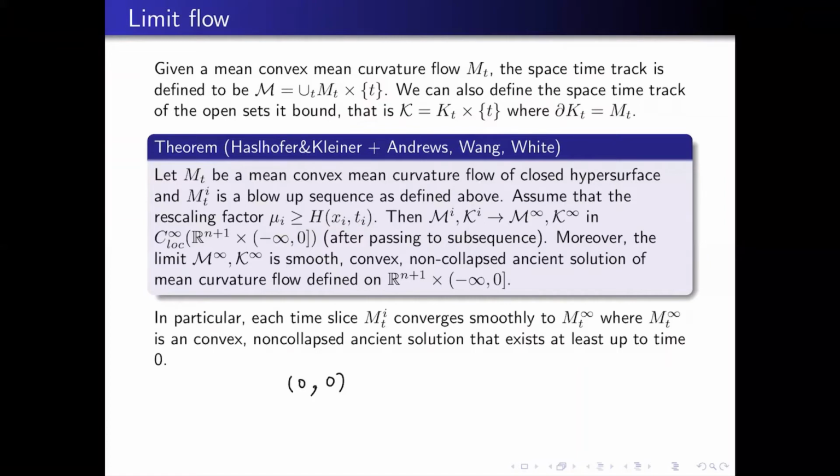So usually if we want to get convergence, at least we need some curvature bounds in bigger and bigger neighborhoods. But this theorem tells us that we actually have curvature bounds given the curvature control at only one point. So this is very strong. I should also remark that this is a very brief version of the theorem. What they have proved is much more than this.